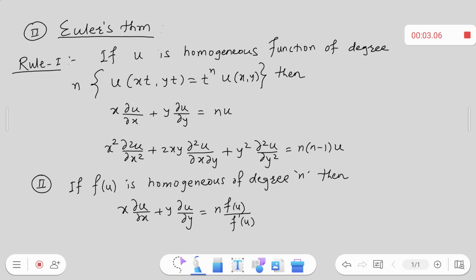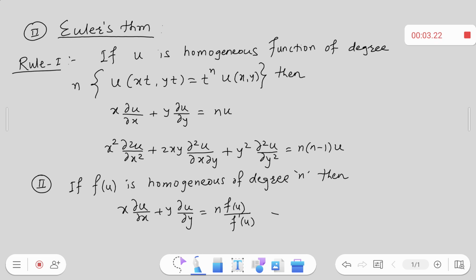Now in the second statement, u is not directly homogeneous. We define a function on u, and if f of u is homogeneous of some degree n, then we use f of u to find the first order derivative.